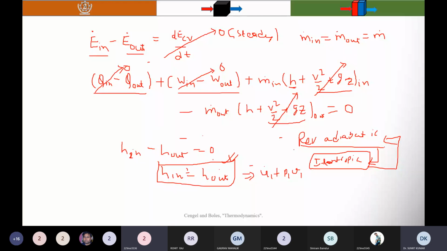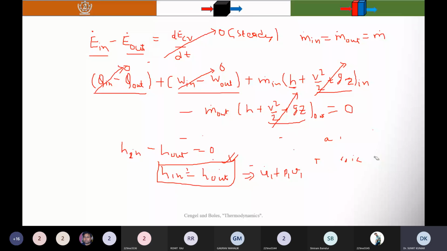In thermodynamics, in case of generation of entropy, it may be isentropic but not reversible. So all reversible adiabatic processes are isentropic, but all isentropic processes may not be reversible adiabatic. I will discuss that when I discuss entropy.